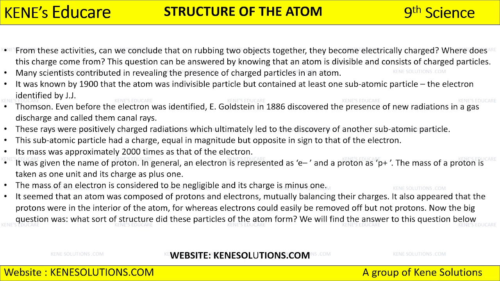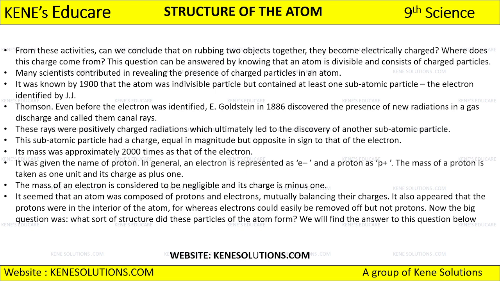The mass of an electron is considered negligible and its charge is minus 1. So mass of proton is 1 unit and charge is plus 1, whereas in the electron the mass is negligible and the charge is minus 1. For protons it is plus 1, for electrons it is minus 1.